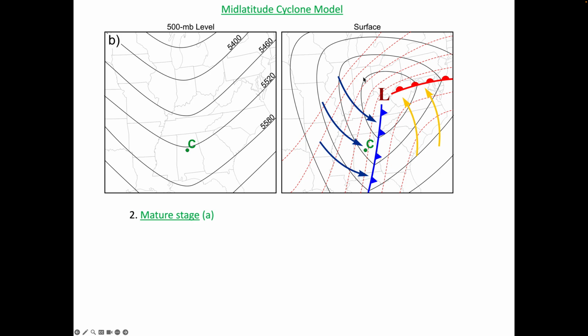All right, so as that occurs, the 500 millibar pattern responds, because if we're advecting cold air behind the cold front, the mean temperature of the atmospheric column decreases, heights decrease in response to that cooling temperature, and our trough will deepen. Conversely, where we have strong warm advection, the mean temperature of the column increases.